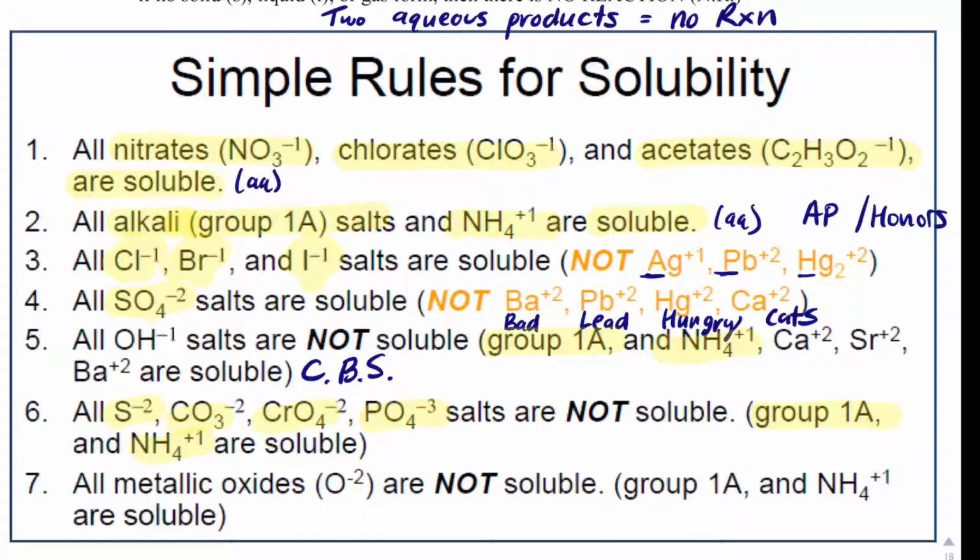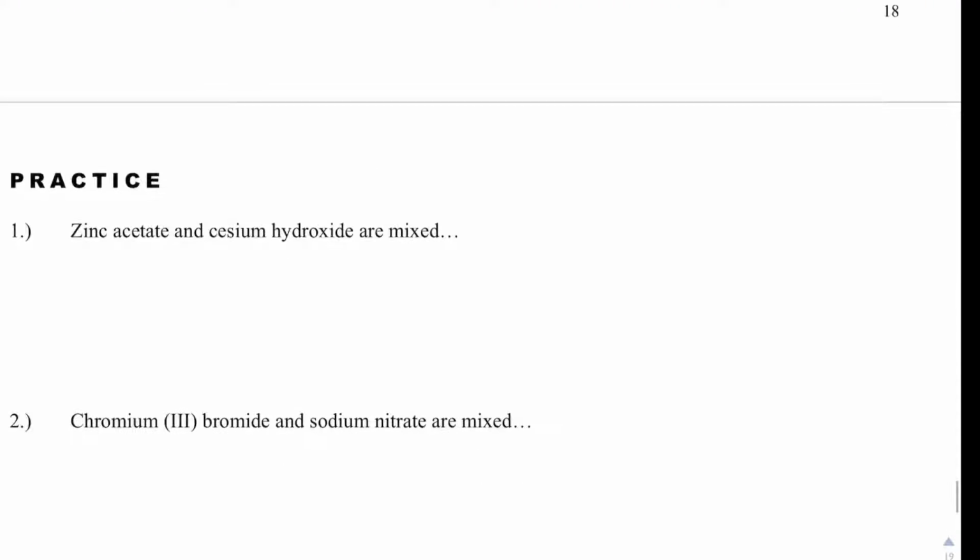And that goes back to rule 2, because group 1A and ammonium, they're always soluble, so it doesn't matter what you put it with, they're always going to be soluble. And then oxides, which I'd say are not very common for regular chemistry, but they're not going to be very soluble. So let's go through some examples and see exactly how this works.